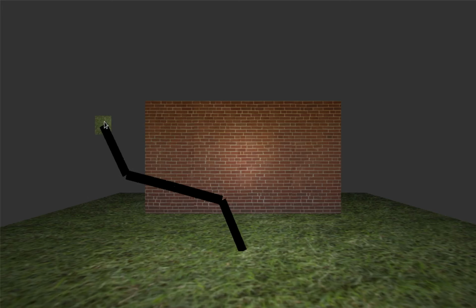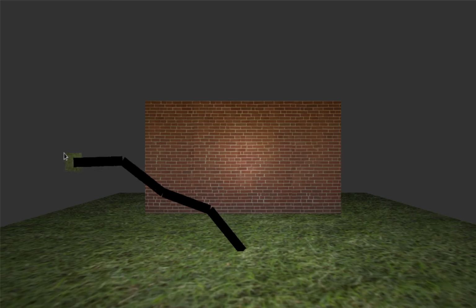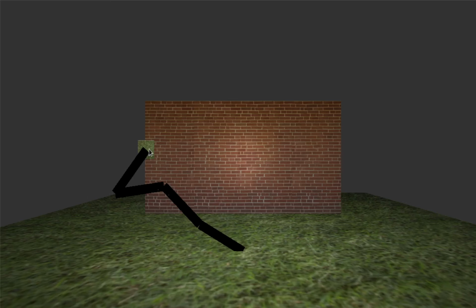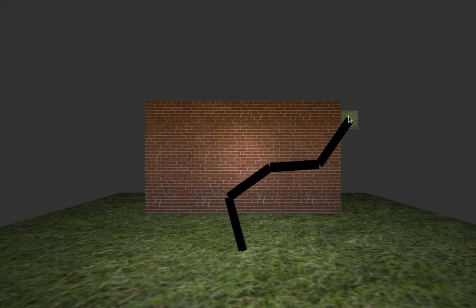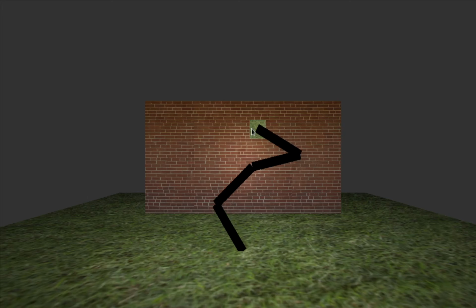And then the last segment, the one that starts the process at the end, changes its angle and its start point and end point in accordance to where the object is.